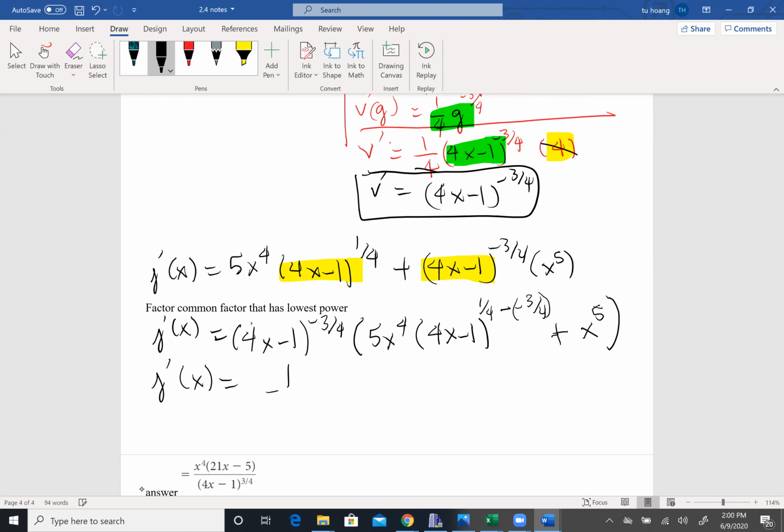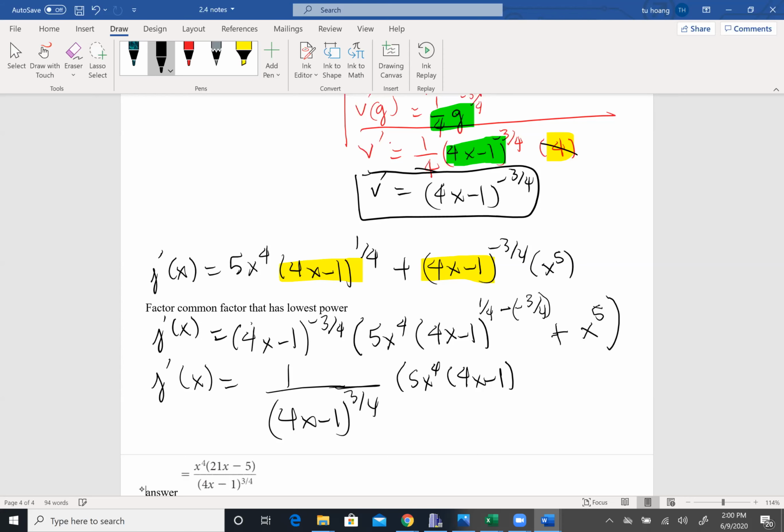So 1 over 4x minus 1 to the power 3/4 times 5x to the power 4 multiplied with 4x minus 1.